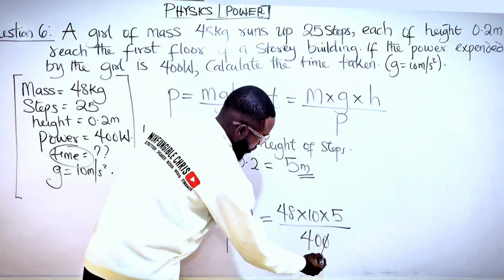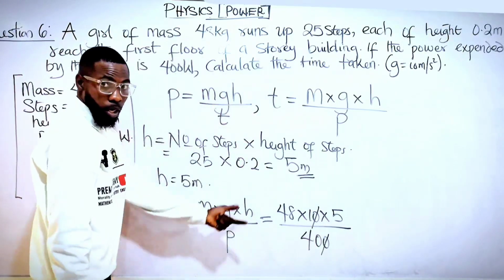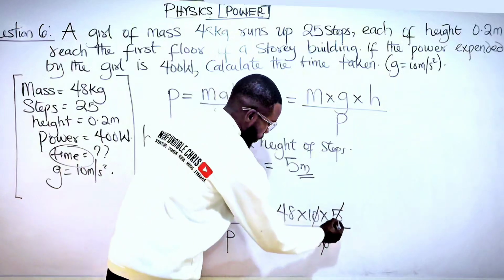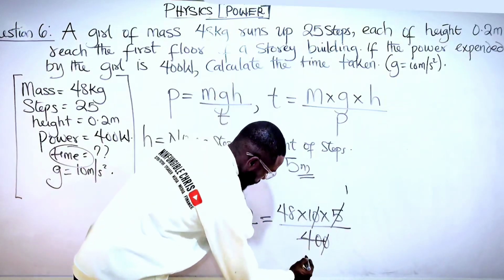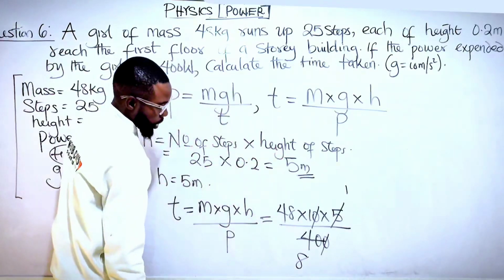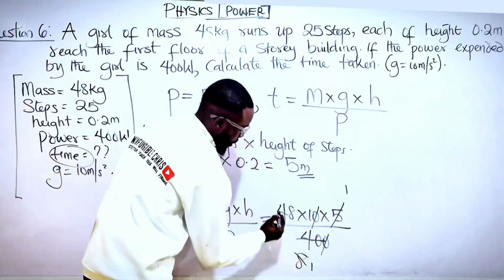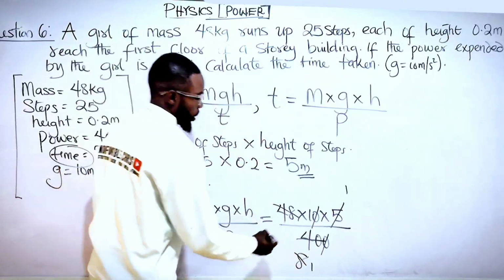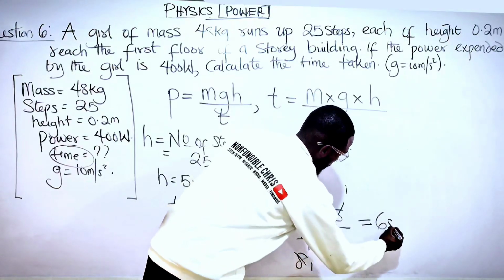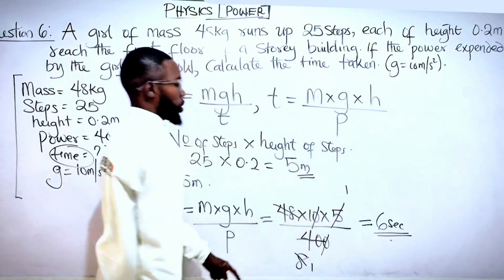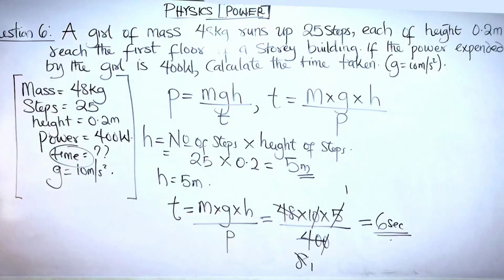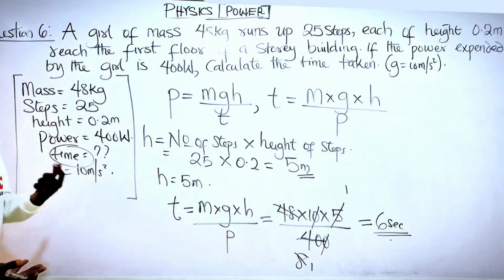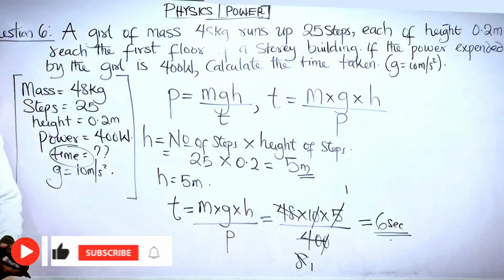So we can take off 10 from here, if you know how to cancel out. So this is 1, and this will give us 8. 8 into 48 is 6. So it's going to be 6 seconds. So our final answer for the time is 6 seconds. You see how easy it is, right? Just understand how they relate to each other. I believe you understand the question.